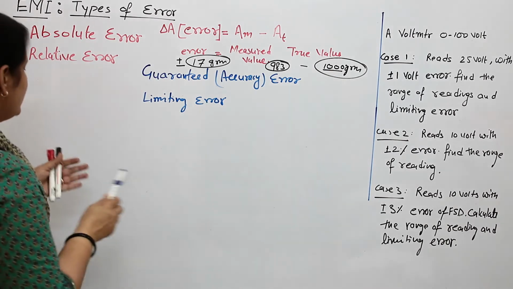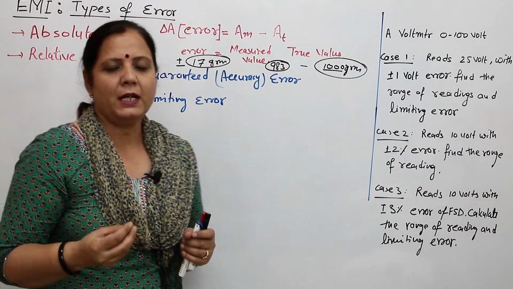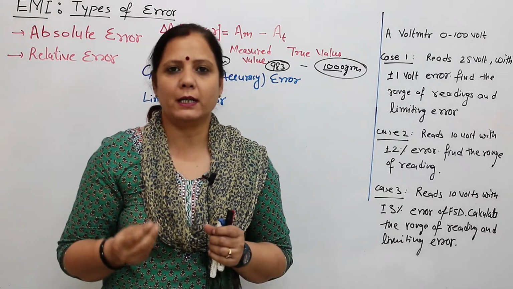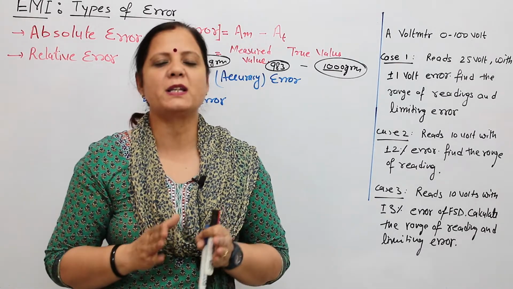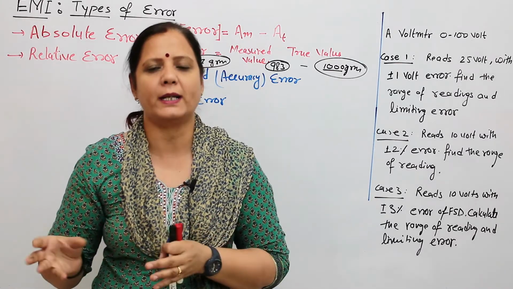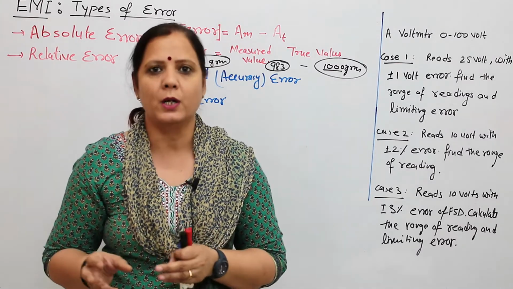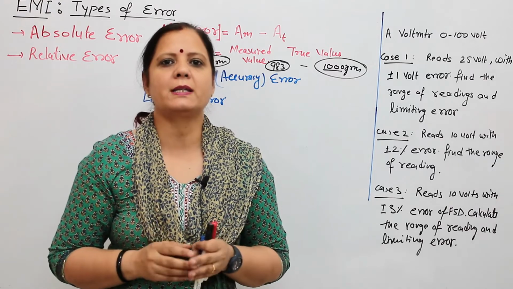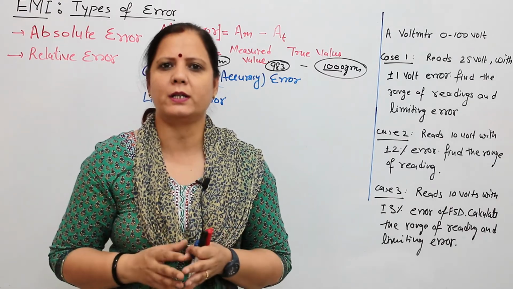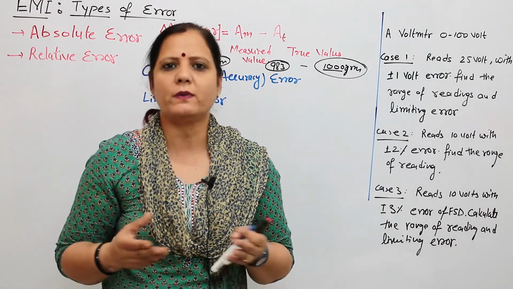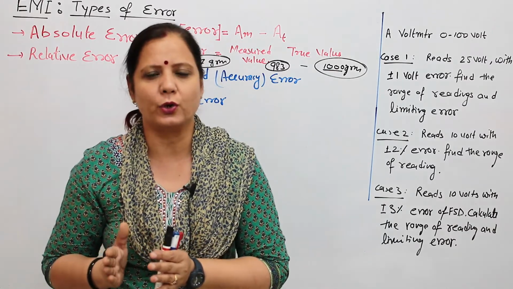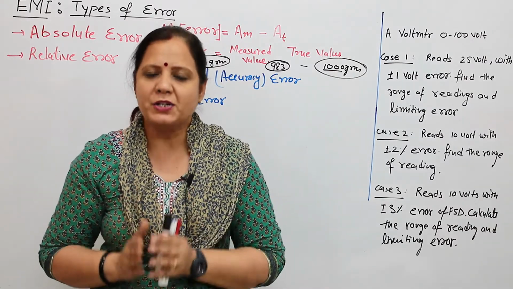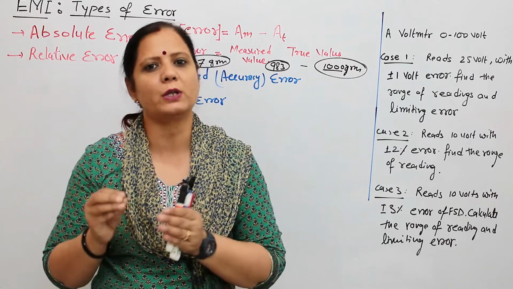Whenever you say your machine or measuring unit has an accuracy of plus minus 2 volt, plus minus 1 ampere, plus minus 13 gram, whatever type of quantity you are measuring, physical, electrical or mechanical, the error will be mentioned with the unit of the quantity.